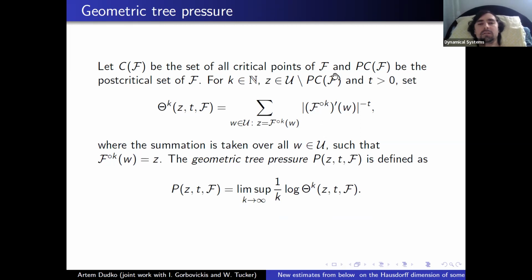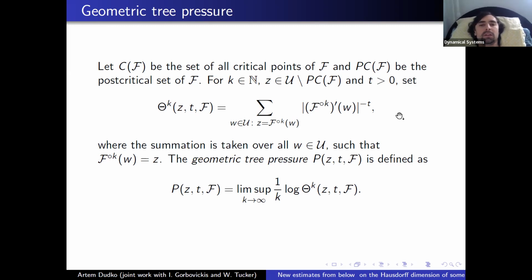And for integer k, for z from the domain of system F, not in the post-critical set, and for positive t, we consider the geometric tree pressure at point z equal to the sum of derivative of k-th iterates of our maps at the preimages of z, in absolute value raised to power minus t.